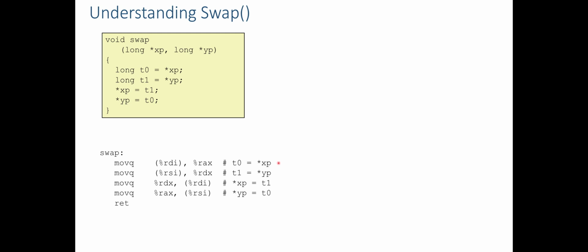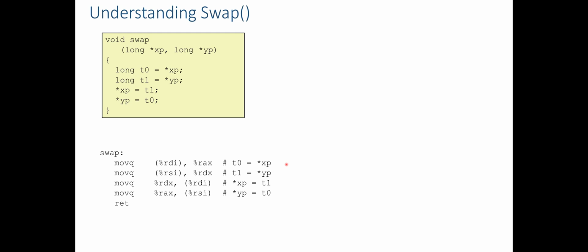If I were to do this even more carefully, I probably would have put another statement here that said, now RAX has T0, for example. So that's what I would suggest you get used to doing, because it's helpful to remember what each of the registers has in it as you're going along looking at this code.